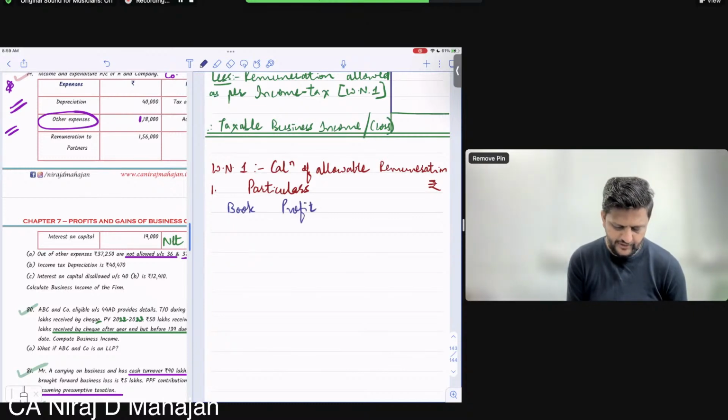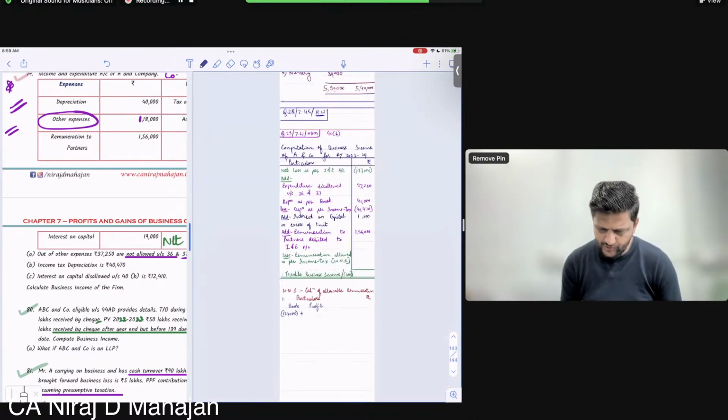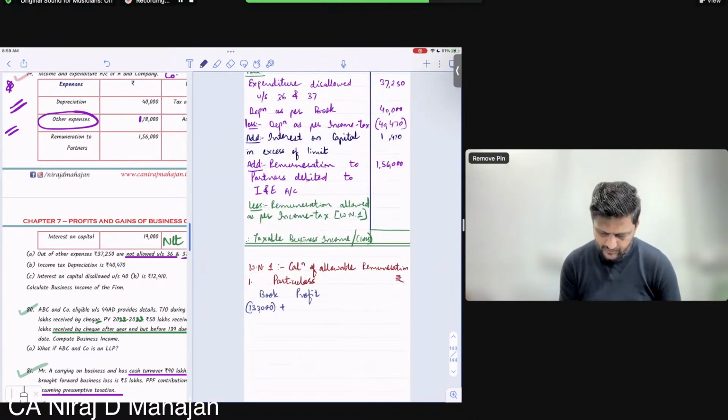We start with 133 negative. Whatever you did above, that only. We disallowed how much now? Check, 37, 250. Then we also disallowed 40,000. But we allowed 40,470. Correct?